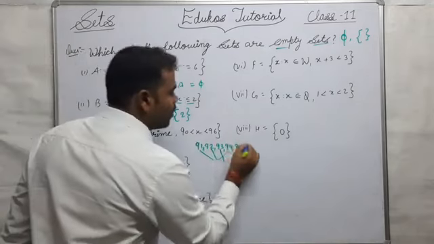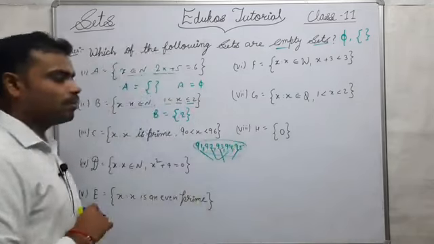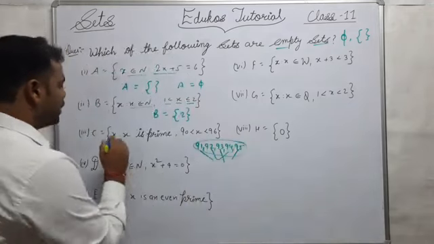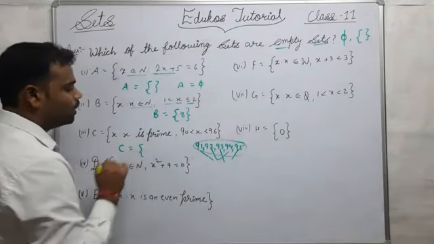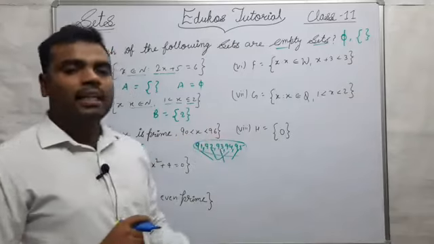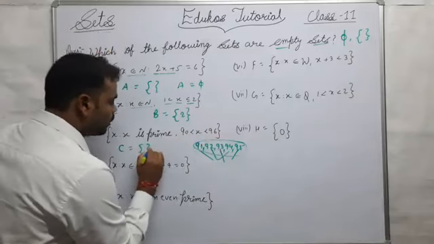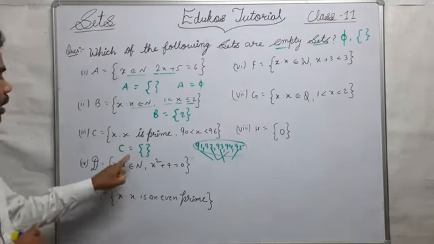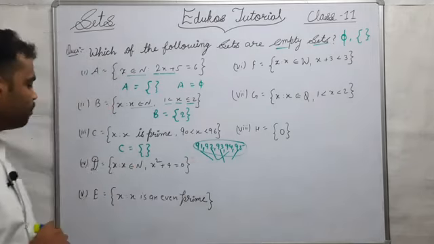So all these numbers are divisible by other numbers. In this set there is no element which is prime and lies between 90 and 96. So this set C is an empty set.